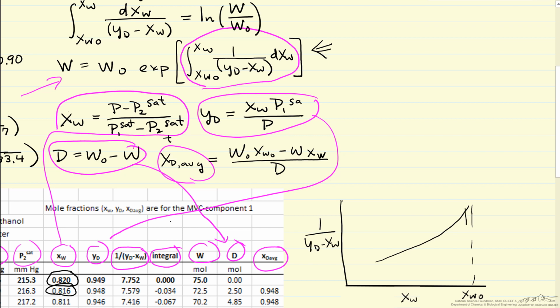Then we decreased again and again. The step sizes in XW are not uniform because we're instead taking uniform step sizes in temperature to make this calculation easy. But we can calculate the area by this difference in XW between the steps, for example, for the first one.